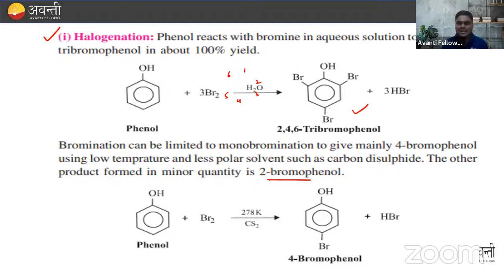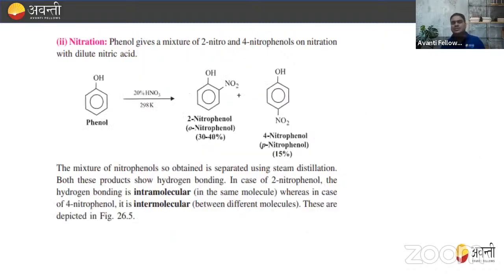So the major product here is 4-bromophenol. So always remember, when we treat phenol with H2O, always 2,4,6-tribromophenol. And when we treat it with Br2 in presence of CS2, that is carbon disulfide, always remember, ortho and para are formed, not like 2,4,6. Okay? So this is all about halogenation.